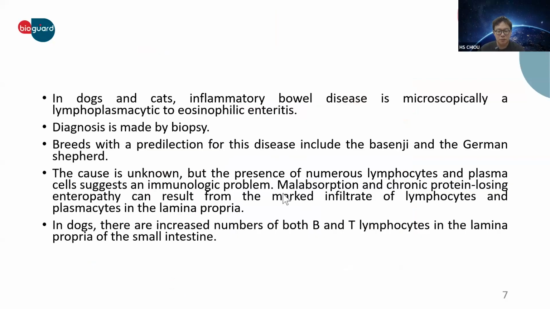In dogs, both B and T cells are increased in the lamina propria, and when infiltration becomes marked, we start seeing malabsorption, protein-losing enteropathy, and hypoalbuminemia. But the question is, does the number of inflammatory cells directly correlate with clinical severity? We see the answer is not always.